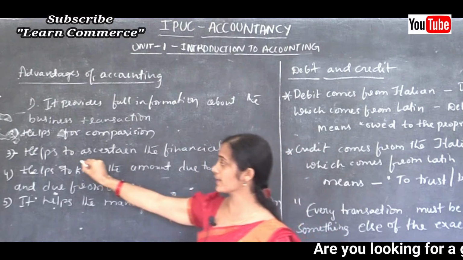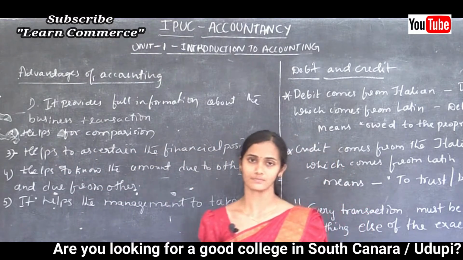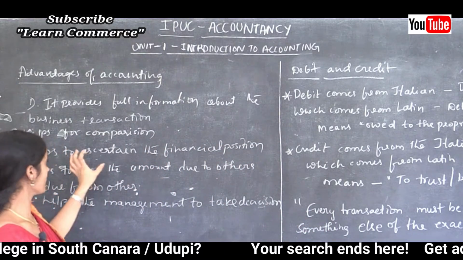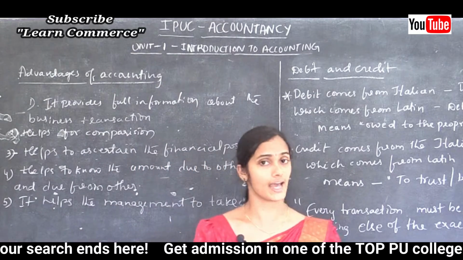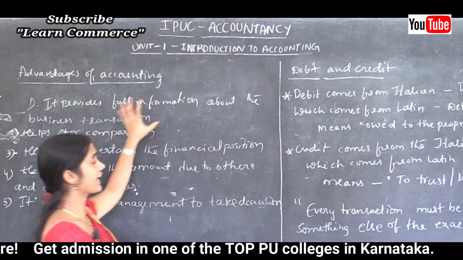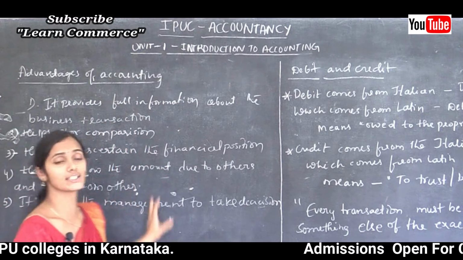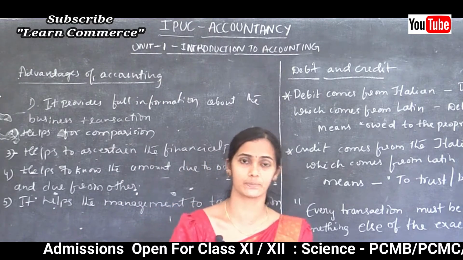The next one is that it helps to ascertain the financial position. A business organization requires some needed information for analysis purposes, and accounting provides all the necessary details. How does it give the necessary information to the business concern?